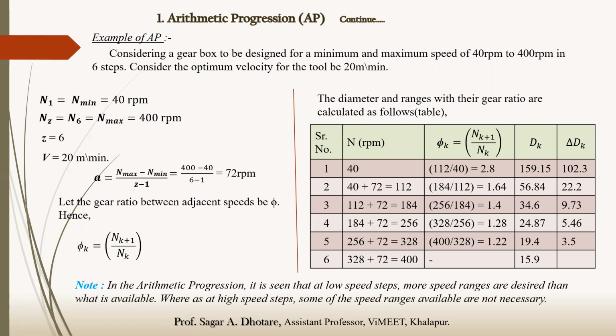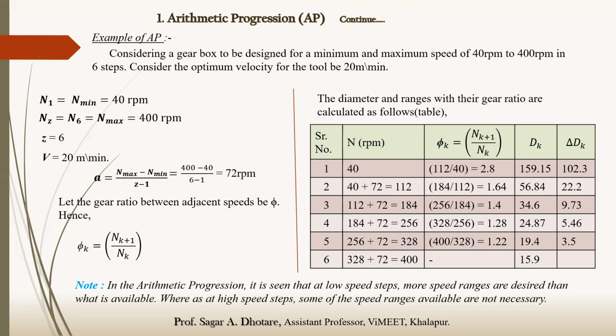First of all, the minimum speed is 40 rpm. The phi k is the gear ratio between the adjacent speeds. Next speed is 40 plus 72, that is 112. So 112 divided by 40, the speed ratio is 2.8.